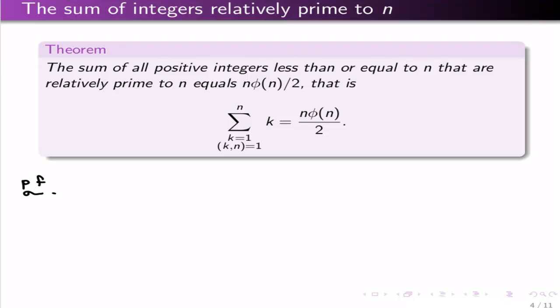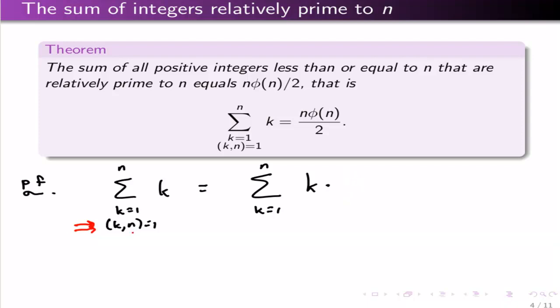Okay, so I want to use the characteristic property we just were observing. So if I want to sum k going from 1 to n subject to this constraint, what I do is I turn it into a complete sum. Okay, but now I have to put in a characteristic function that would equal plus 1 if this condition here is satisfied, and would equal 0 if this condition is not satisfied.